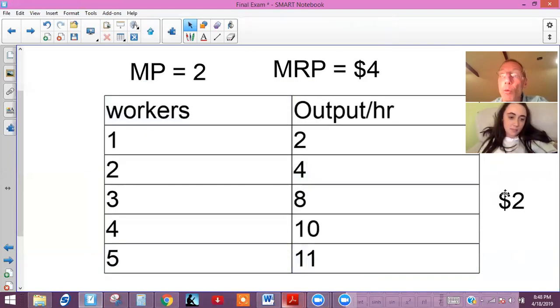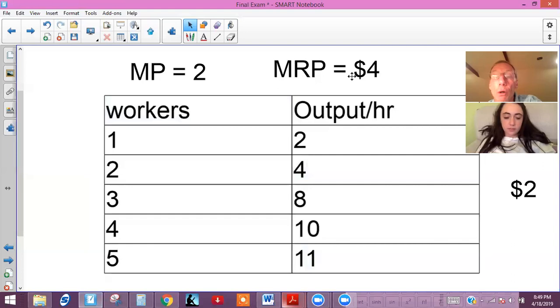Remember, the wage rate equals marginal revenue product. That's the wage. This is the price. But the wage needs to be less than or equal to it, because you don't want to pay anyone more than they're able to produce, right?